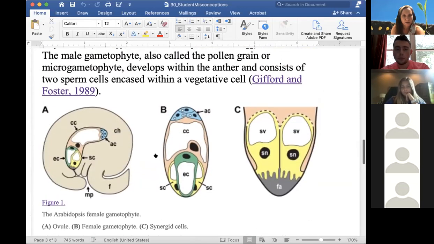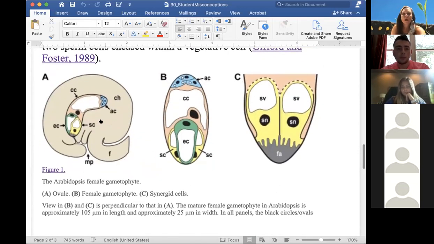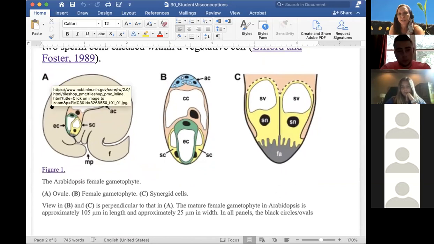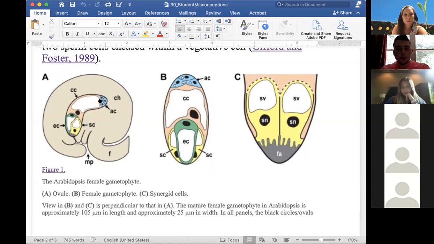And I pulled this up too to show you how small the gametophyte is. This picture here is not from your textbook, it's from a scientific article on plants. This picture shows the ovule inside a flower. And this colored picture inside, which is blown up in panel B, shows the cells that make up the female gametophyte, which is just a few cells, clustered inside the ovule.